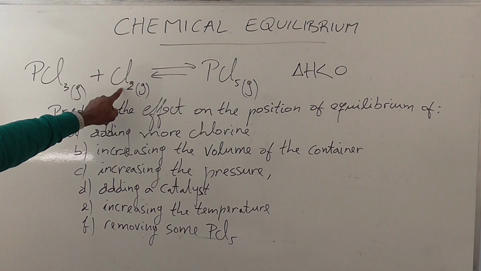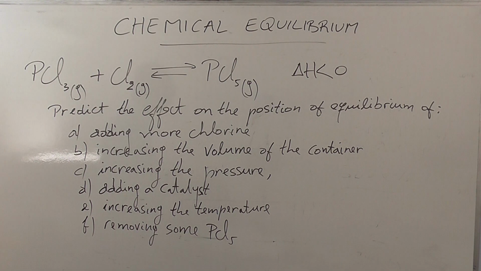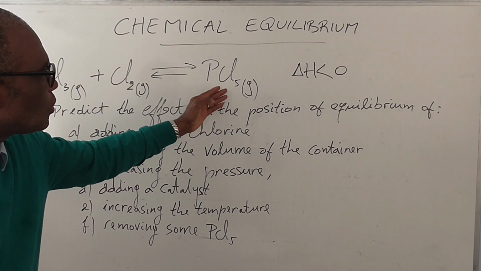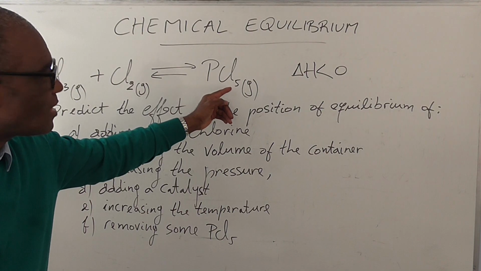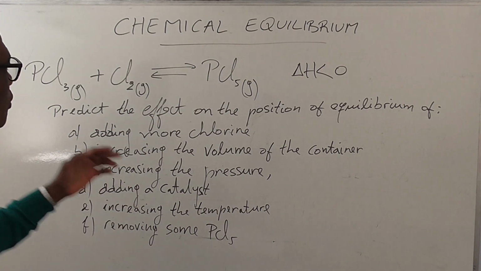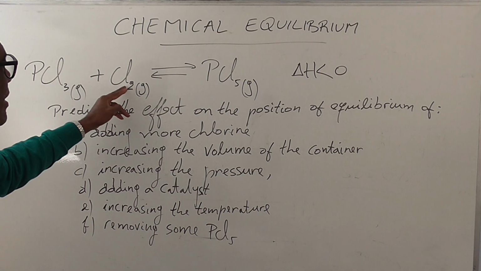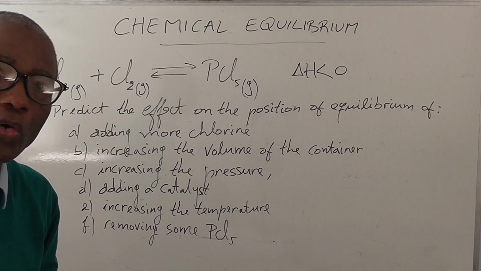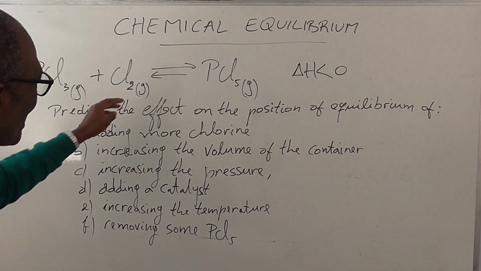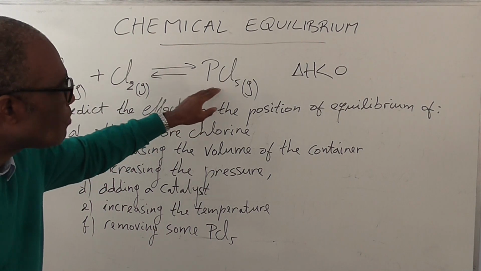Now, we add more chlorine to the system. What is going to happen? The equilibrium will shift to the right, producing more PCl5, because the chlorine added needs to be consumed.